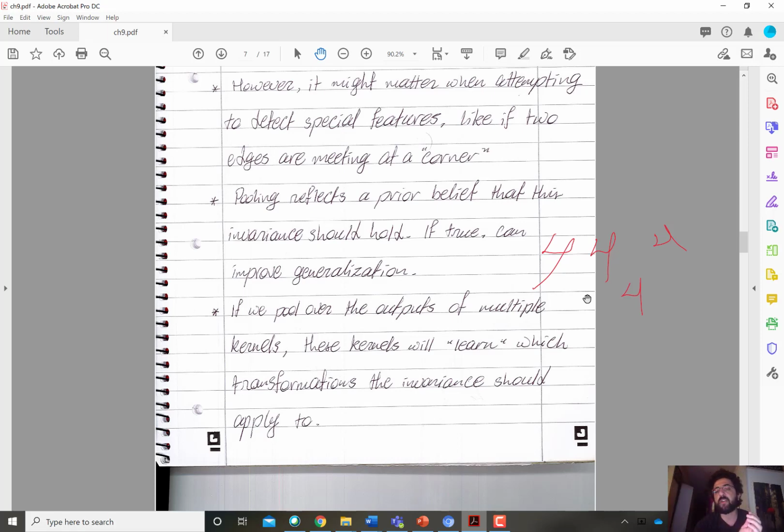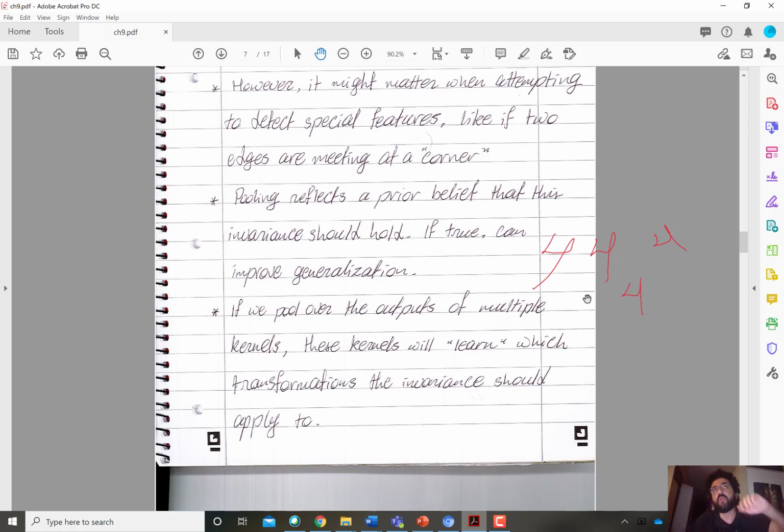The detector stage for the third kernel activates if the 4 is rotated by minus 45 degrees. And then I take the max pooling over the output of the 3 kernels. Then I am invariant to rotation by 45 degrees, minus 45 degrees, or 0 degrees.